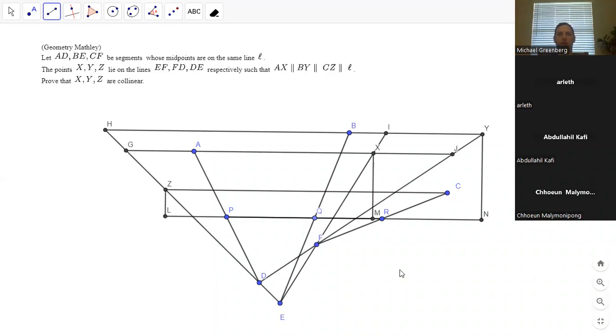Yeah, if we can find MN and ML in terms of like D, E, and F, then I think that would help a lot.